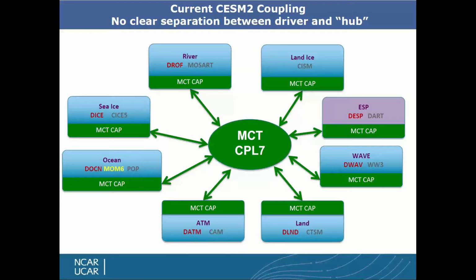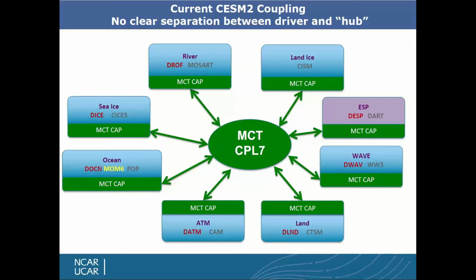And another key assumption and capability of the coupling infrastructure is that because the hub is ignorant of what is on the other side, the components have the ability to have their prognostic components be swapped for what we call data components to selectively turn off feedbacks in the system.